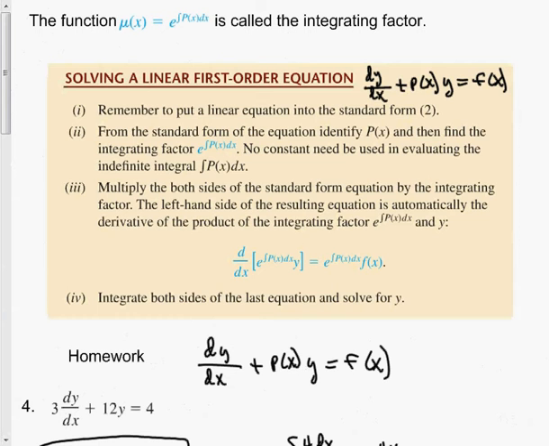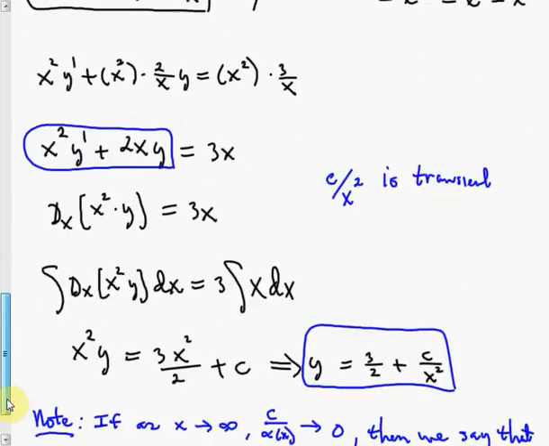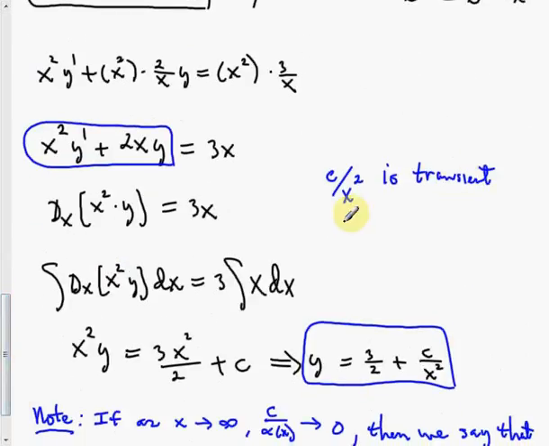Here on the interval from 0 to positive infinity doesn't include 0, because c divided by 0 would give us something that's not defined.